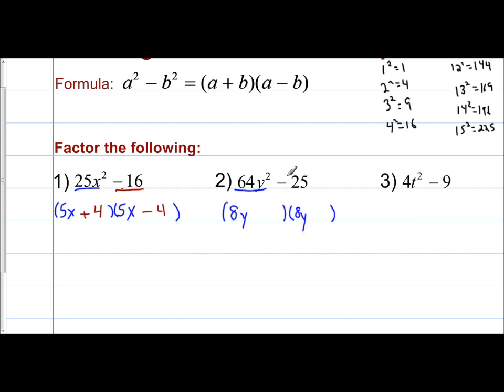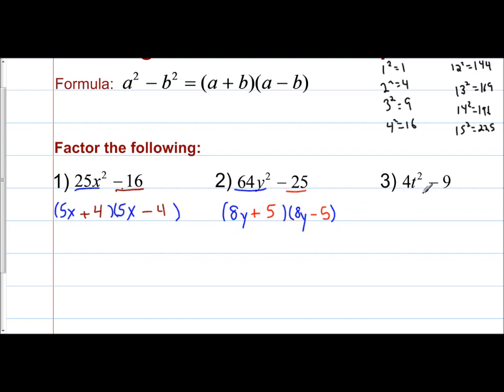And then you're going to take the square root of the second term. The square root of 25 is 5, so I'm going to put a plus 5 and a minus 5. So the factorization of 64y squared minus 25 is 8y plus 5, 8y minus 5.